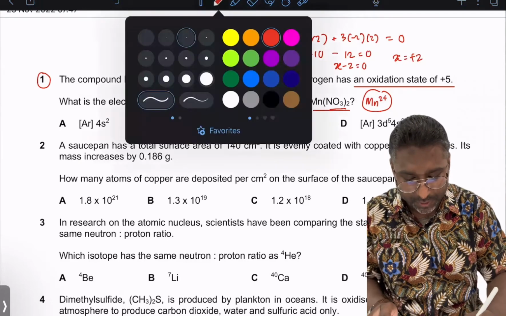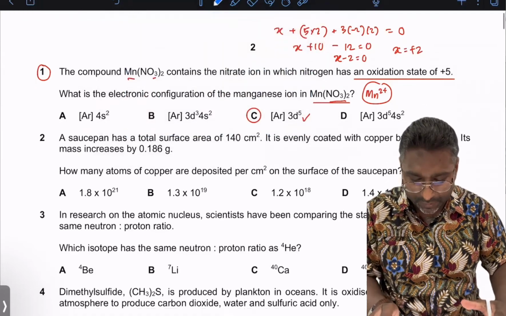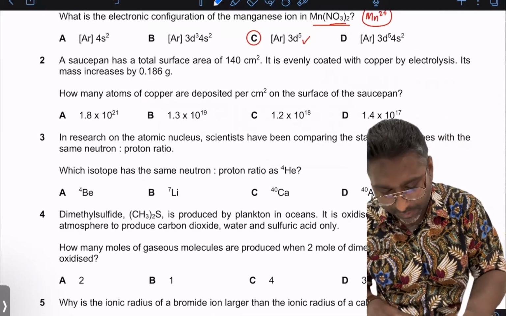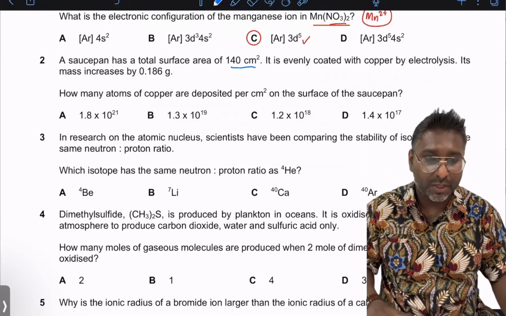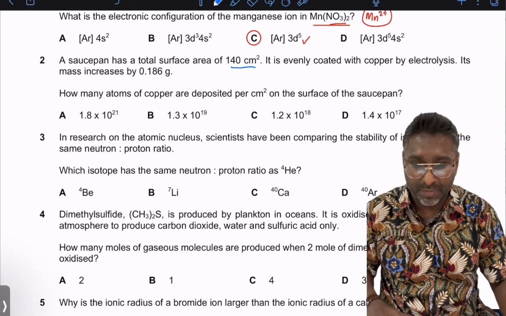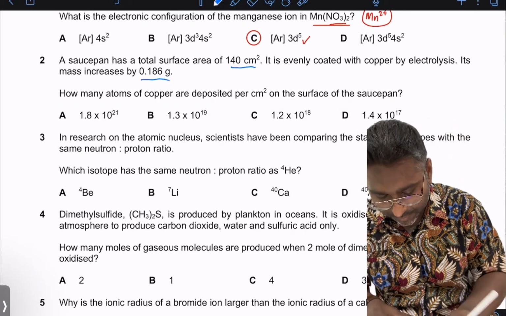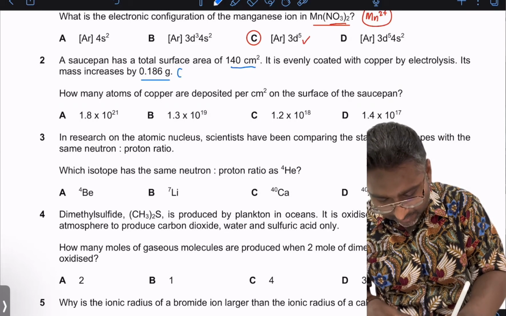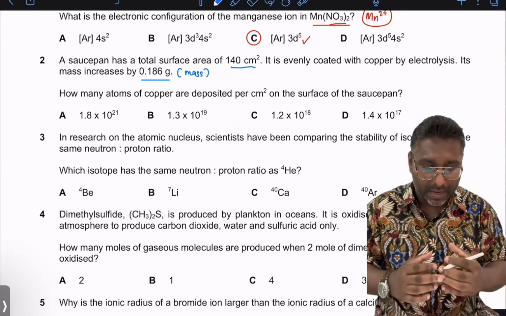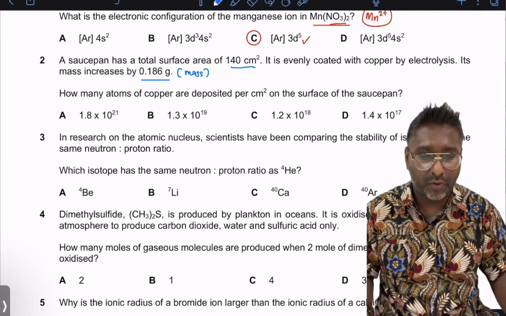Let's move on. In the second question, you have a saucepan, and the total surface area is given. It is evenly coated with copper, and the mass is increasing by this amount. This is the mass of copper, so we can find the number of moles of copper first.